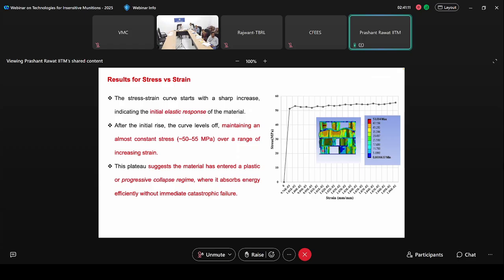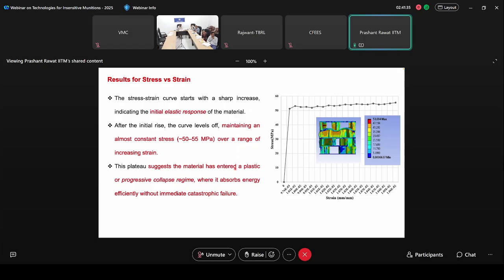So if you want this particular section to collapse from bottom to top, it is possible. From top to bottom, it is possible. Even in some specific situation where you don't know which side of the loading is going to create collapse, you can simply trigger this collapse from the middle section to the top or bottom sections. All these things we have been doing in our lab, and we have proven the concept.